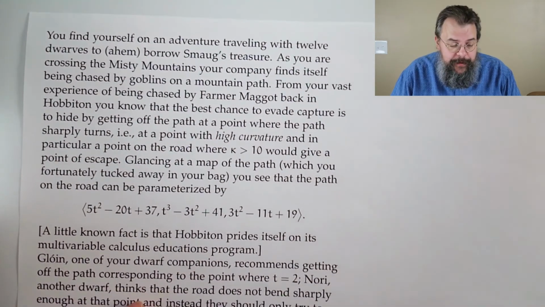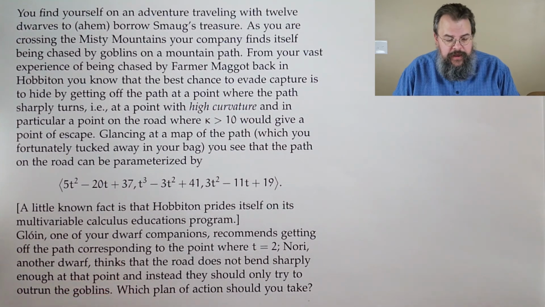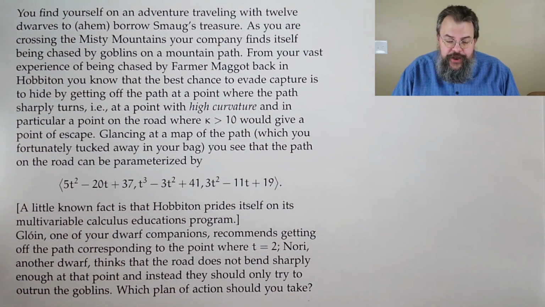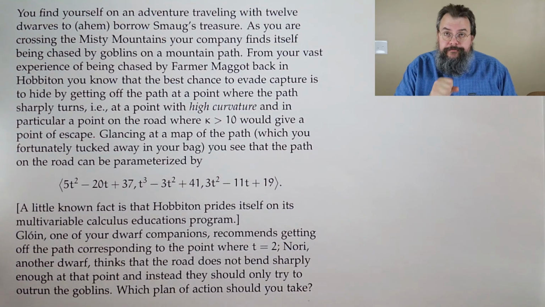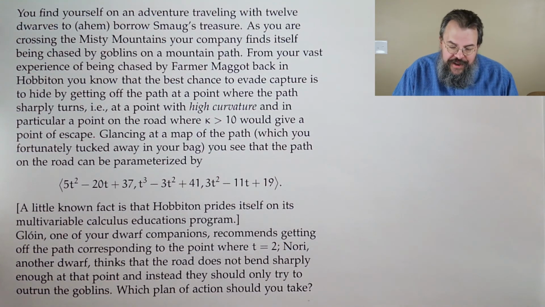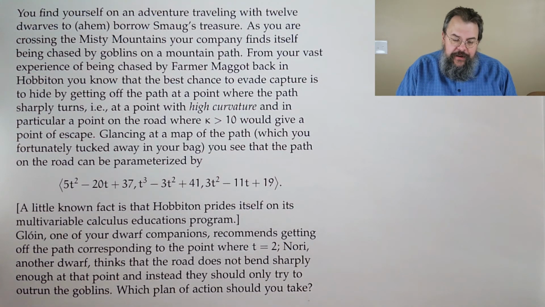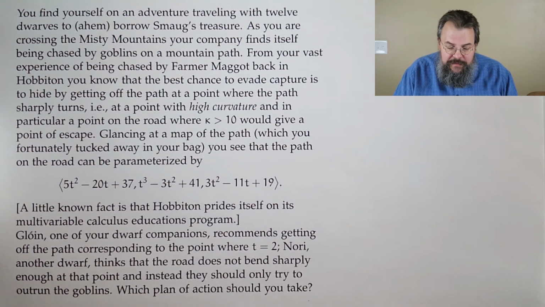Okay, so our last problem. You find yourself on an adventure, traveling with 12 dwarfs to borrow Smaug's treasure. As you are crossing the Misty Mountains, your company finds itself being chased by goblins on a mountain path.